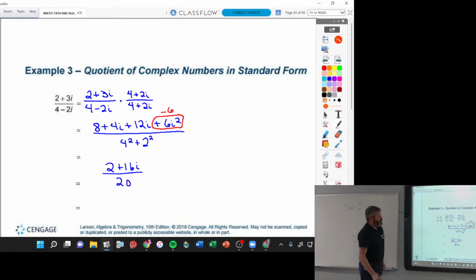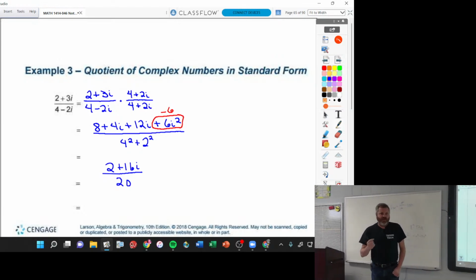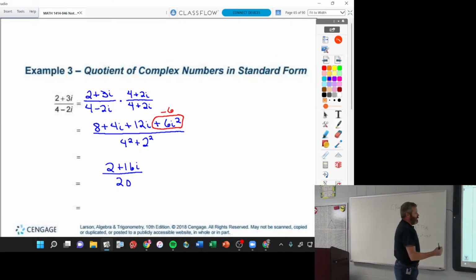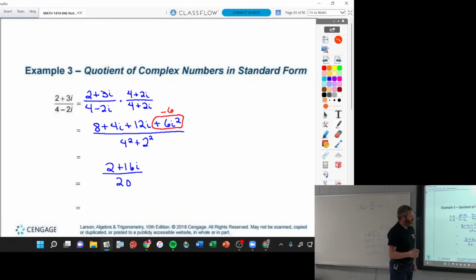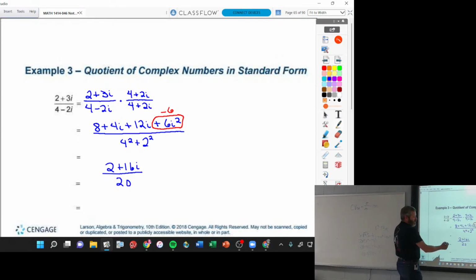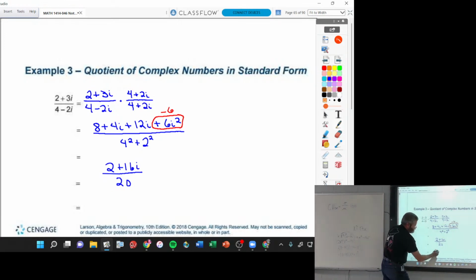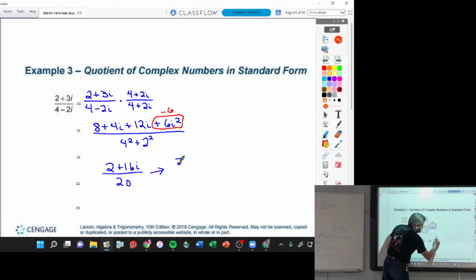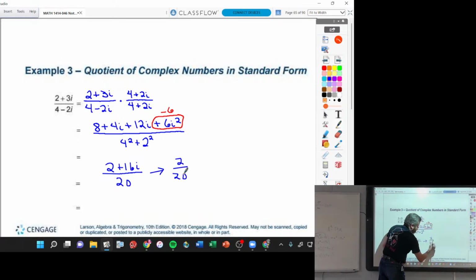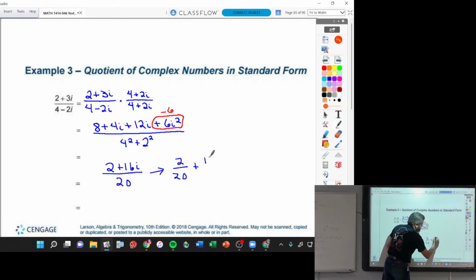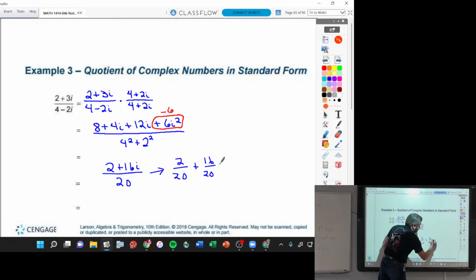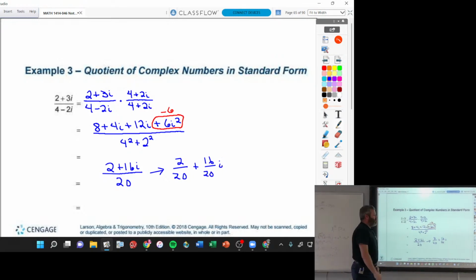Now, to write this in standard form, you have to have the a plus bi, okay? And I know this is going to reduce, but I'll reduce it in just a second. Because I have a single denominator with two different numerators, I can break this up into two pieces. I'm going to write this as 2 over 20 plus 16 over 20, and I'll put the i off to the side.